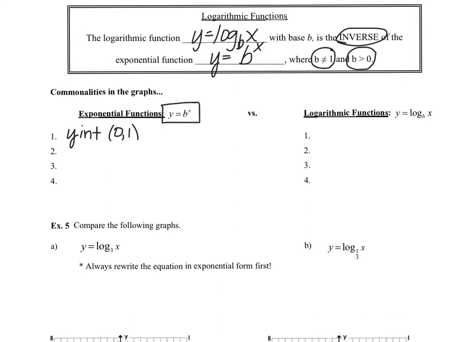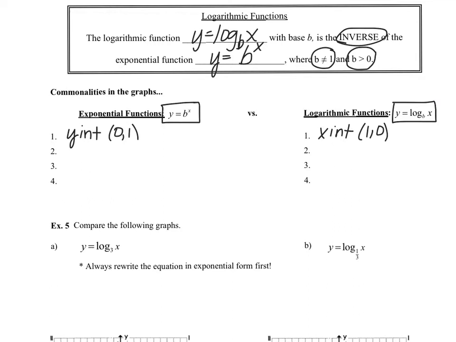So if x and y are interchanged, then that means that our logarithmic functions will have x-intercepts of the point 1, 0. And again, we're talking about the parent functions, so before any shifts and before any reflections or stretches.